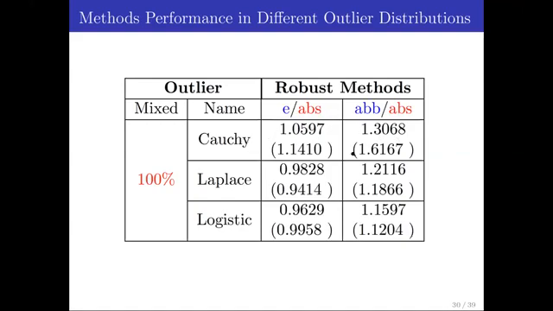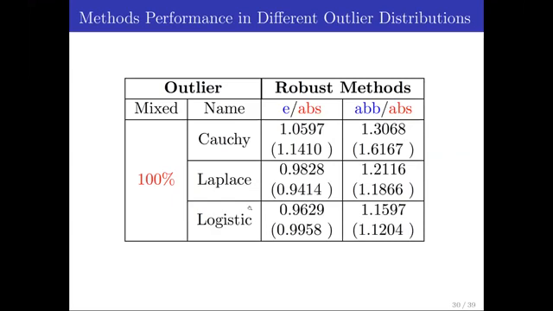And all the numbers here stand for the ratios of MASE. So we see that in this column, the performance of general E and ABS are close to each other. And in this ABB to ABS, we see that this ratio is larger than 1. That means the ABB method performs worse than the ABS. And for the Laplace and logistic, it's the same thing.